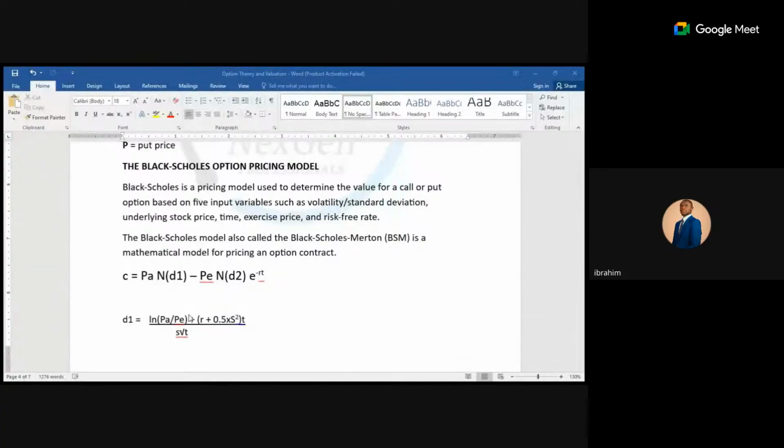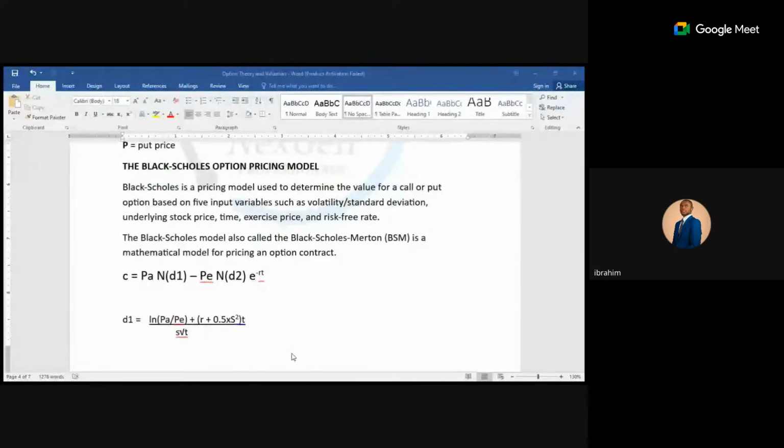Then the put option here is the value of put, the put option premium.